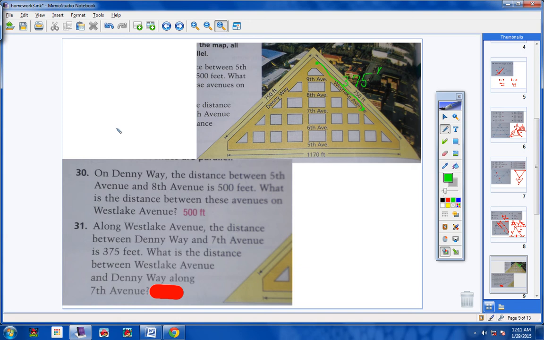What is the distance between Westlake and Denny along 7th Avenue? So here's 7th Avenue. What is the distance from Westlake here all the way over to Denny on 7th Avenue? That'll be our X right there.